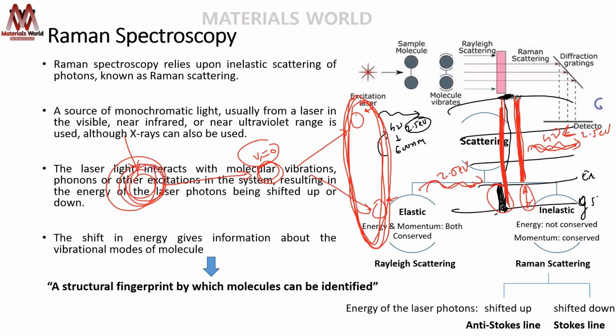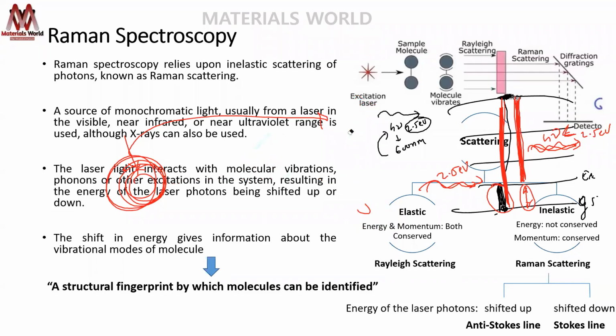If the incident energy is not equal to the final energy, then some of the energy is lost in the collision. That is called inelastic collision. So momentum is conserved, but energy is lost. So that is inelastic. So most of the scattering will always be inelastic. So in the inelastic, energy is not conserved, momentum is conserved.